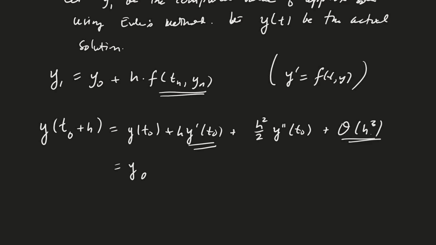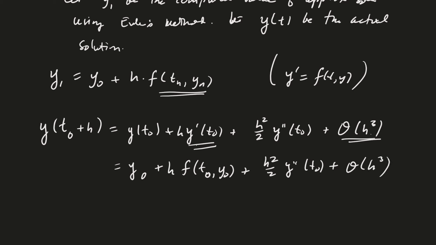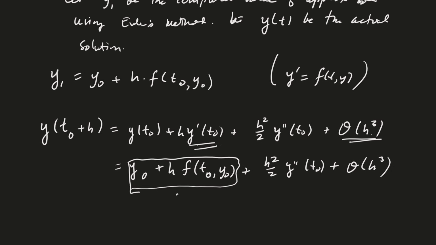There's no error at time step 0, plus h times y prime at t0, which is f of t0 y0, plus h squared over 2 y double prime of t0 plus big O h cubed. This looks interesting here, well, it will look interesting if I make a correction. There we go. Now it's the exact same. Yeah, this is supposed to be y1.